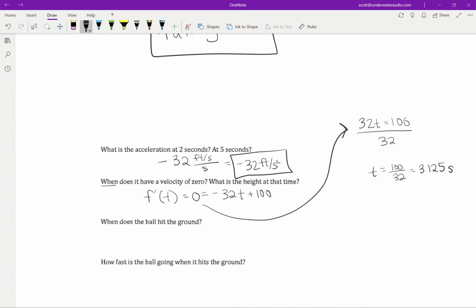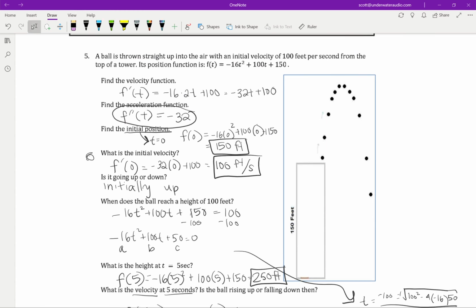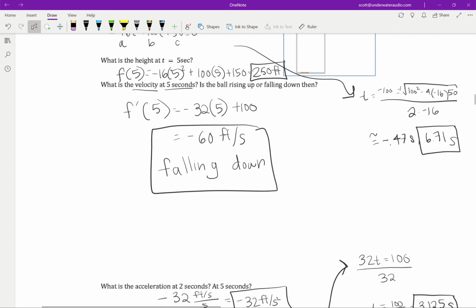And I want to know the height at that time. So f of 3.125, that's that whole equation, which I think I should have memorized by now, but I don't. Negative 16t squared plus 100t plus 150.